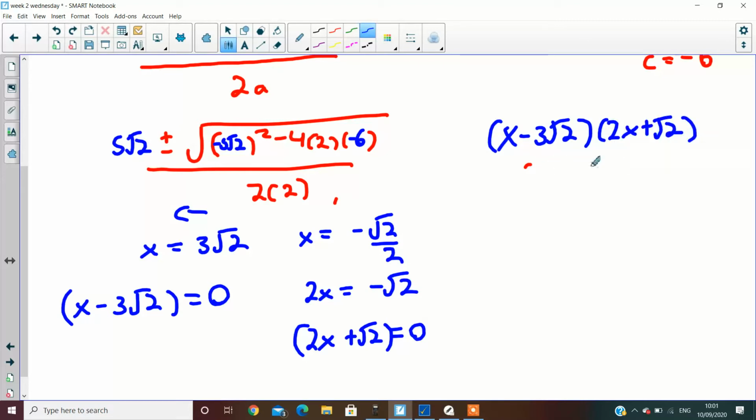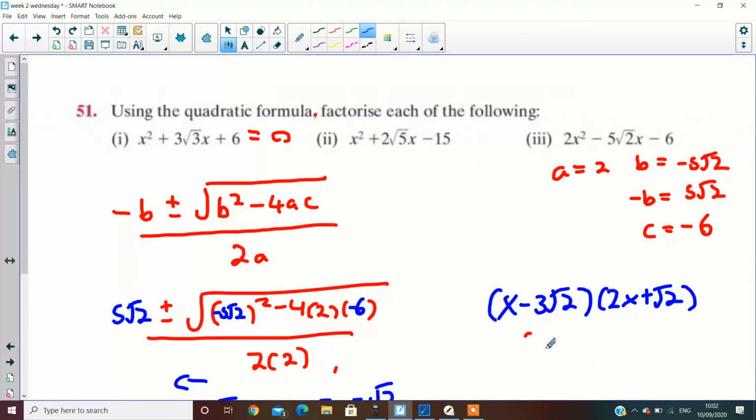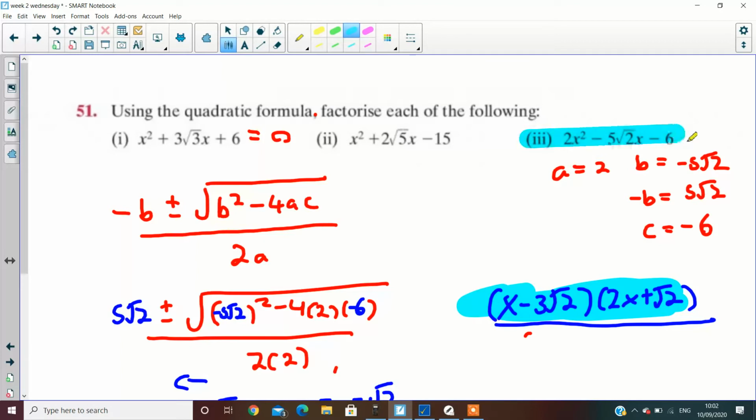And that's my answer. What happens when I multiply the two of them out by each other? What should happen? What will they turn into? If I multiply the two of these by each other, the two of these will turn into this. And you're done. All right, you guys try 51 part 2 on your own now.